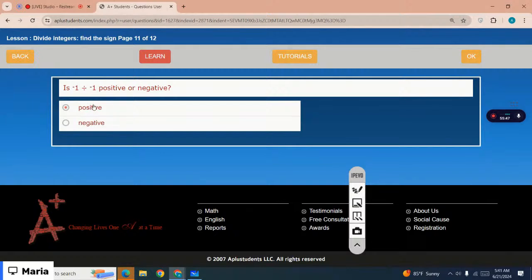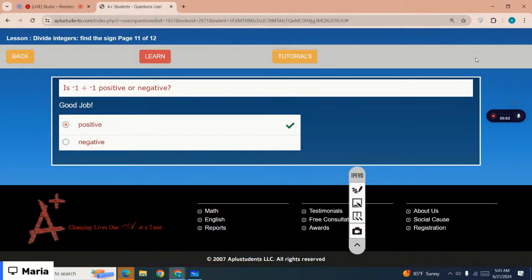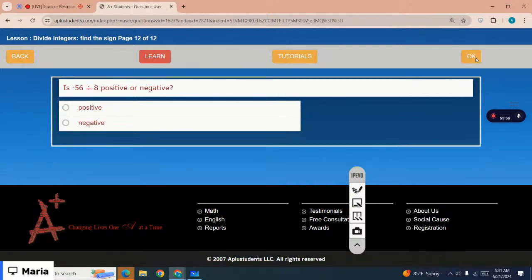Positive it is. The correct option is positive. Is negative 56 divided by 8 positive or negative? The correct option is negative.